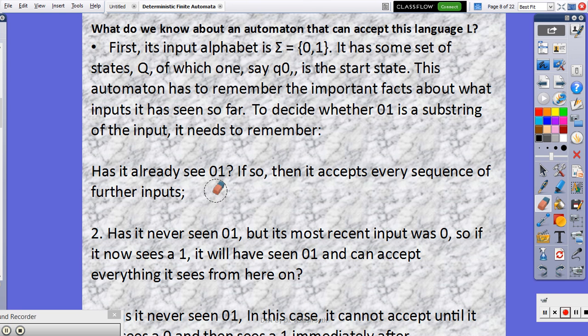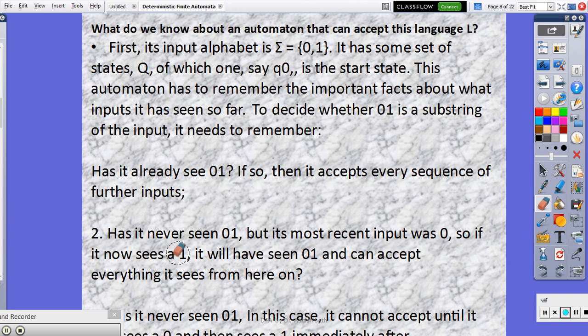So when we start from the initial state, the state has to check whether it has seen 0 1. If it has seen 0 1, then the reached state is the final state. If it has not seen 0 1, then the reached state is not a final state but maybe an internal state.